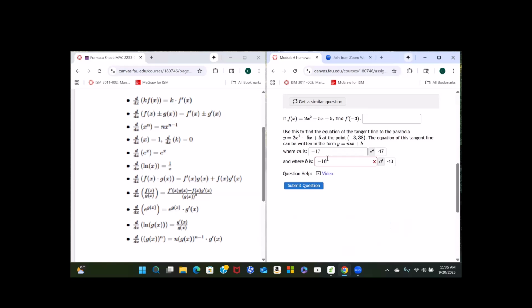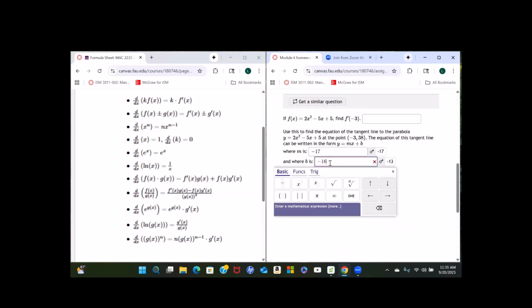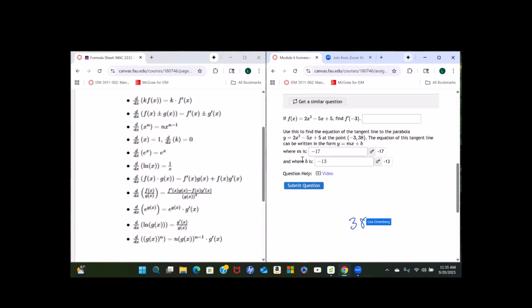Then we have 38 equals -17 times x, and x is -3 plus b. This is equal to 51.